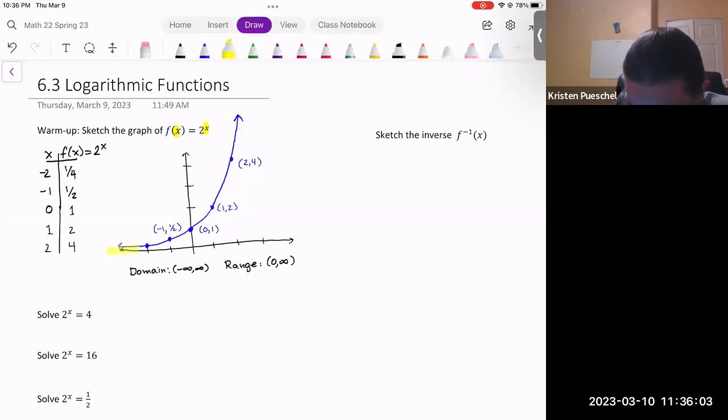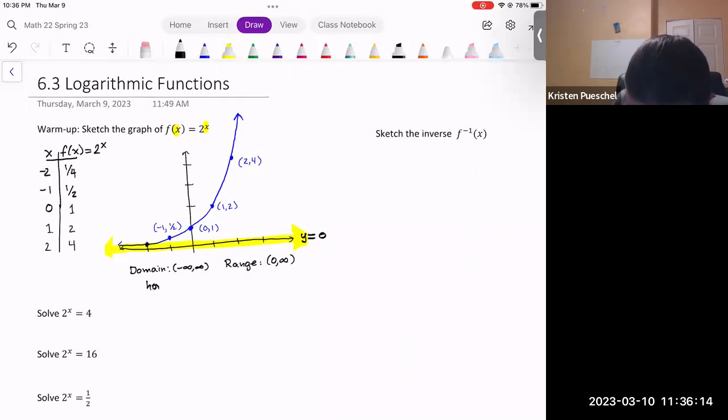We'll call this line that we're getting close to, which is the line y equals 0, a horizontal asymptote. So our graph gets really close to this line.